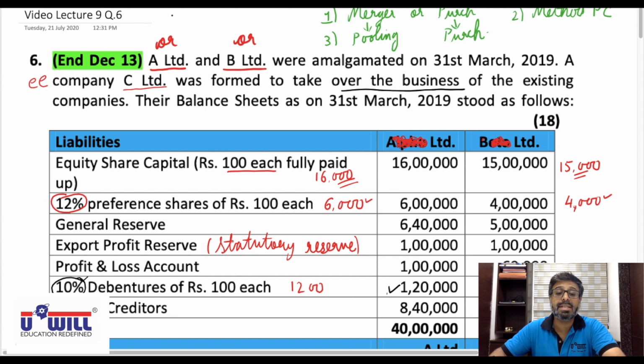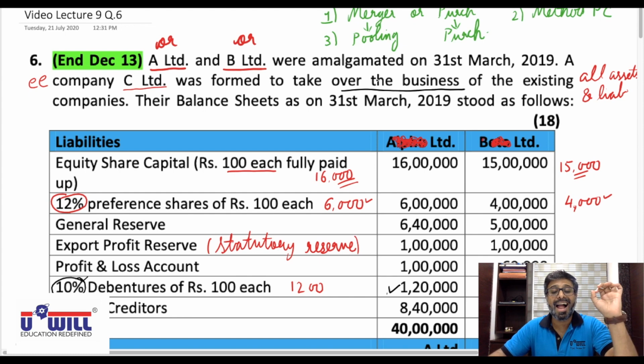When they say business, it means all assets and liabilities are taken over. When they specifically mention business, you can refer to the explanation of the theoretical part done in this chapter in lectures 1 and 2. So here, all assets and liabilities are taken over, and the first condition of merger gets satisfied.